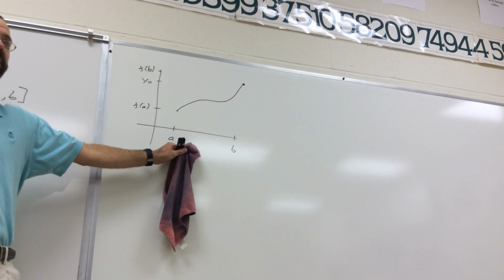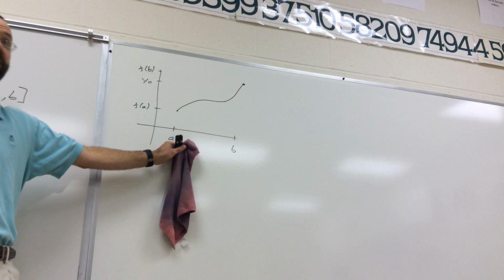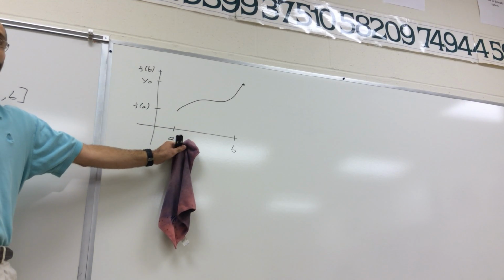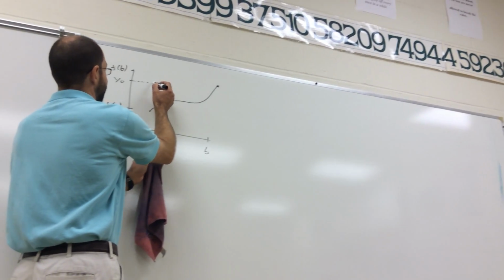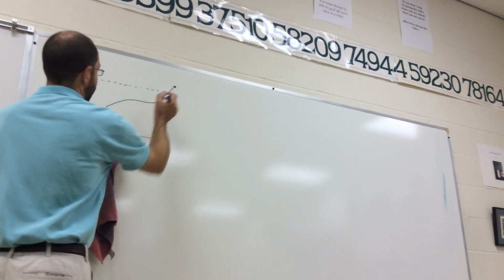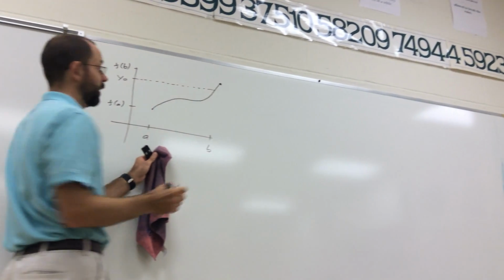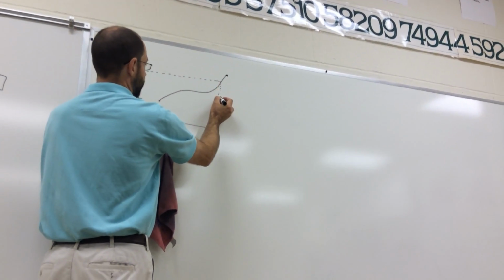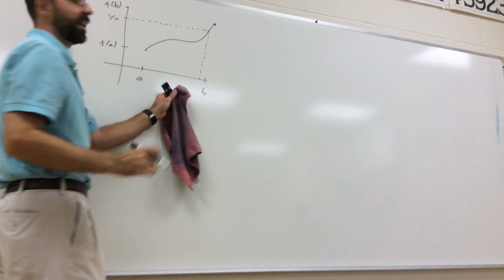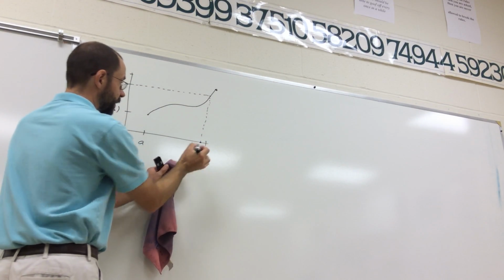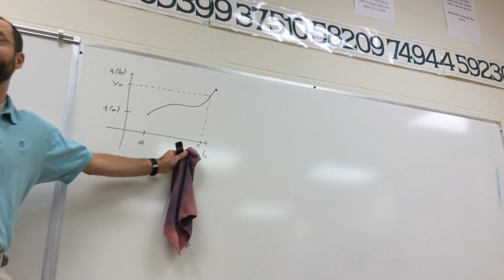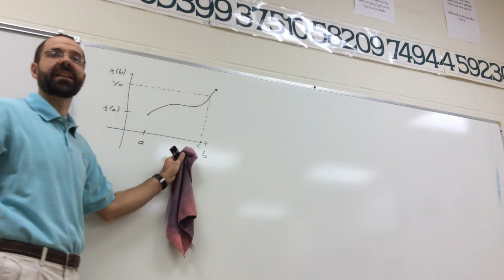So now, where is c in this picture? Let's see. So here's my height, right? And then here's my x value that outputs that height. So on this picture, this is c. c is the x value that outputs the height we're trying to hit.